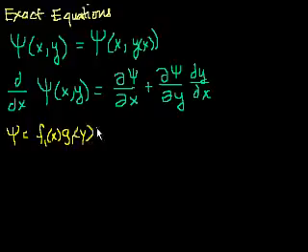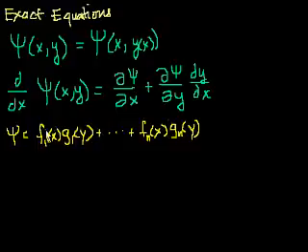And let's say there's a bunch of terms like this. So there's n terms like this, all the way to the nth term, which is the nth function of x times the nth function of y.